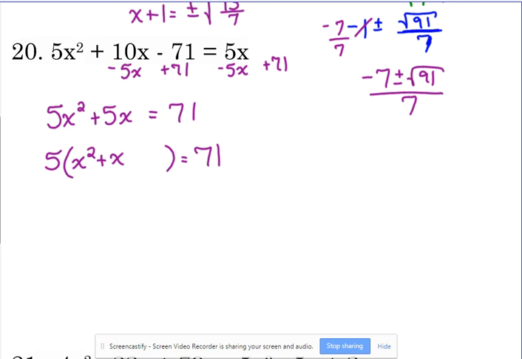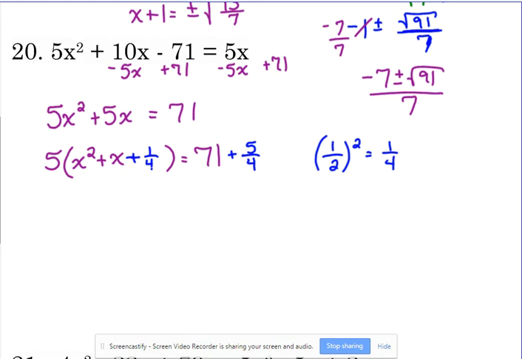Okay, complete the square. 1 divided by 2. Well, that doesn't divide evenly, so we leave it. Squared is 1/4. Fractions. Okay, I don't add 1/4 to the other side. I gotta multiply by 5 first. So 5 times 1/4 is 5/4.